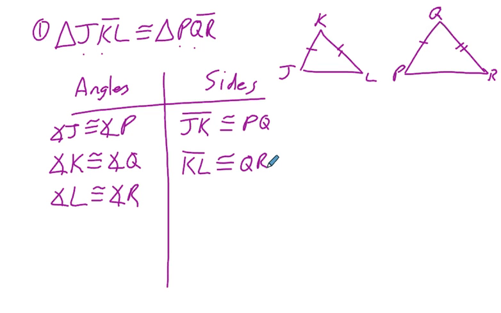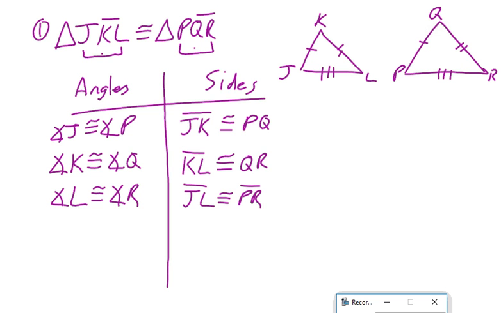And then finally, my first and third letters, JL, is congruent to PR. In the picture, it would look like this. 3 ticks, and 3 ticks. Okay? And that's your basics of congruent triangles.